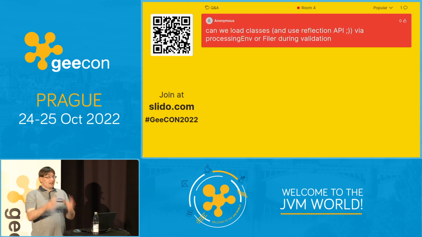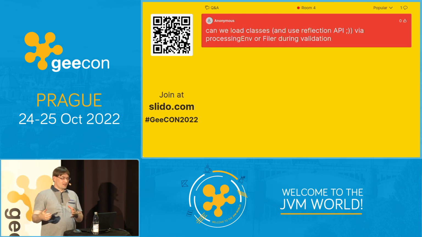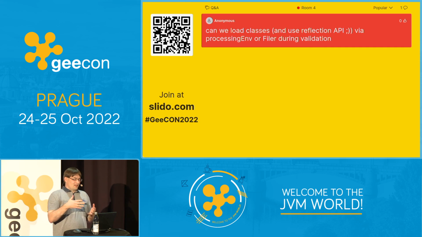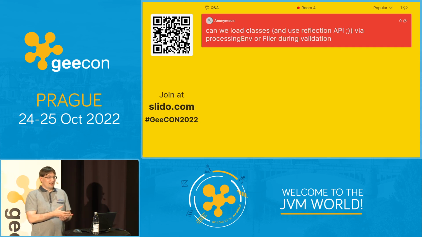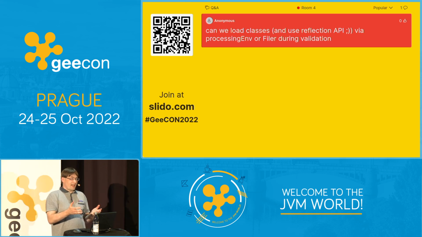Inside an annotation processor, you can of course load classes and use reflection, but not that much directly using the processing environment. You basically do it inside the annotation processor, yes, but the model API is not really the way to do it. I'm not sure if I understand this question quite well, so I don't know.